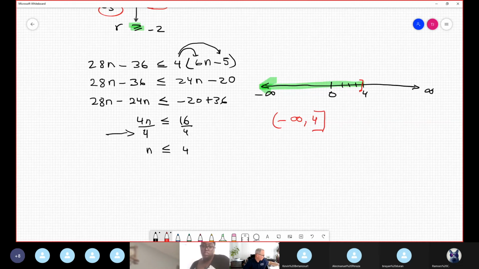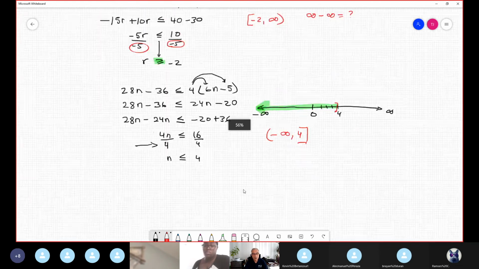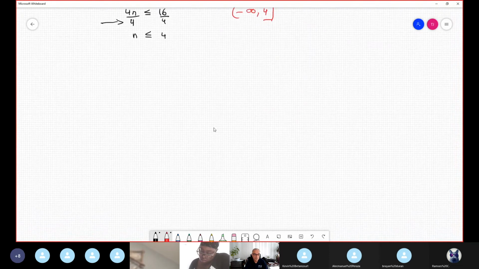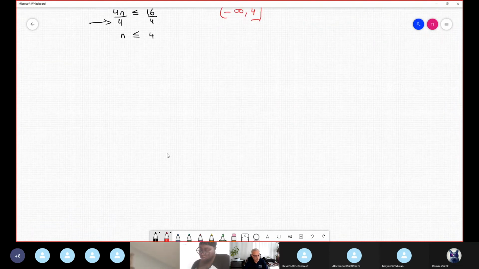Okay, let me try to find, in the rest of the time we have, a little bit different problem, a little bit more complicated. Suppose this is a typical three-part inequality.